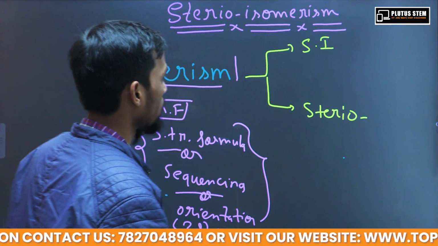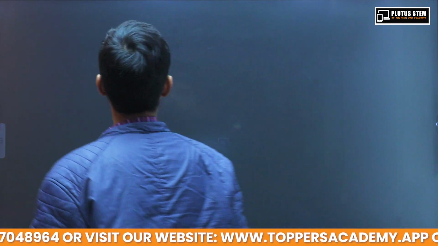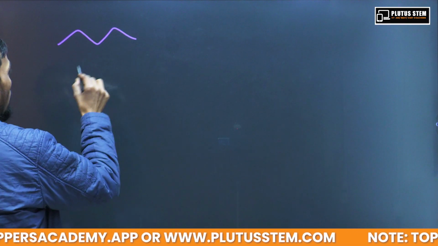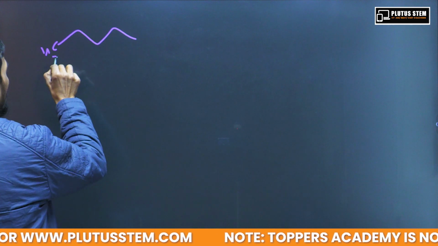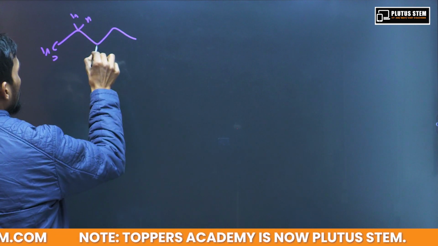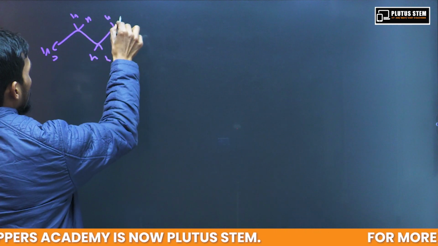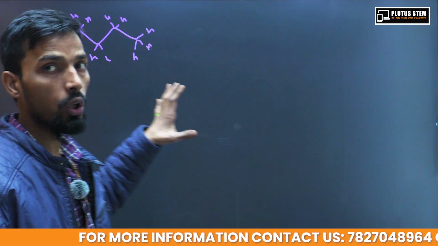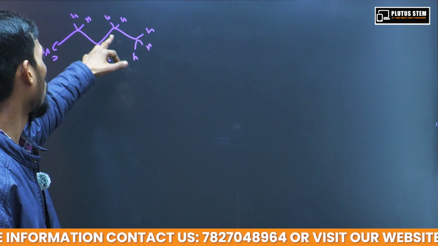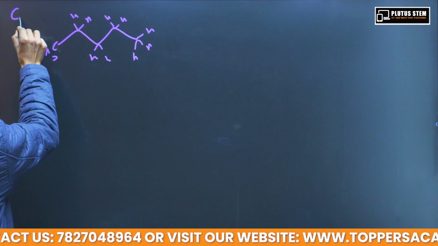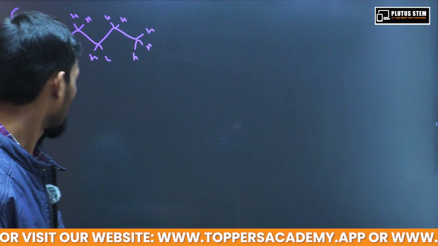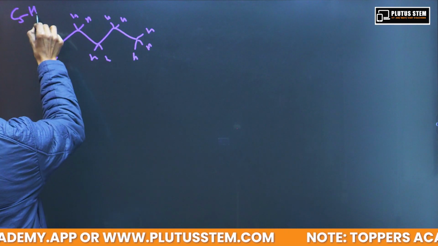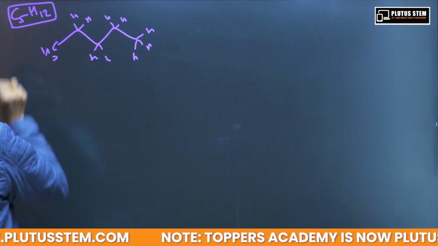So here we can see, if we have such a compound, CH3, CH2, CH2, CH2 and CH3, the compound's molecular formula is: 1, 2, 3, 4, 5, five carbons and twelve hydrogens, C5H12.